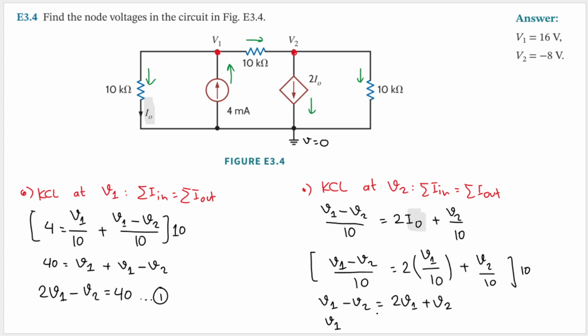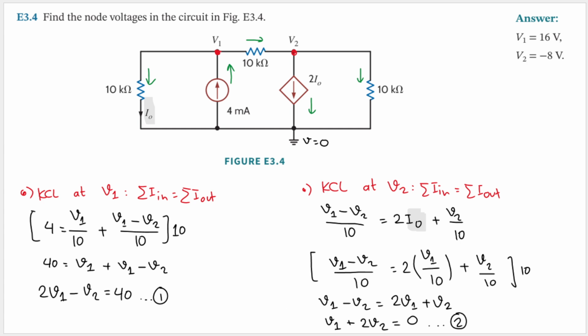And then V2 plus V2, so we'll have plus 2V2, and that will equal 0. Good. And that is equation number 2.